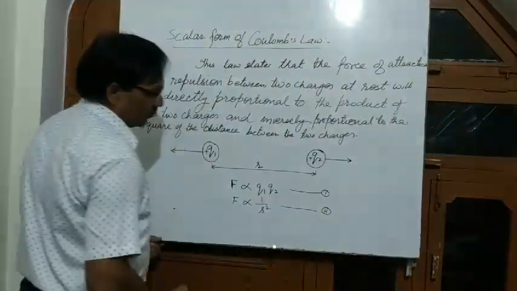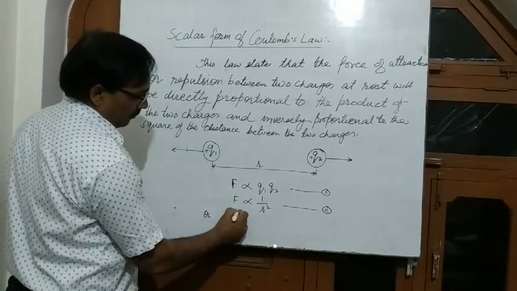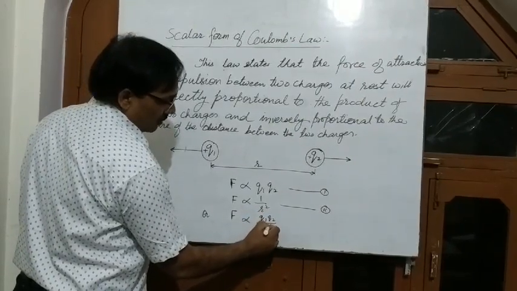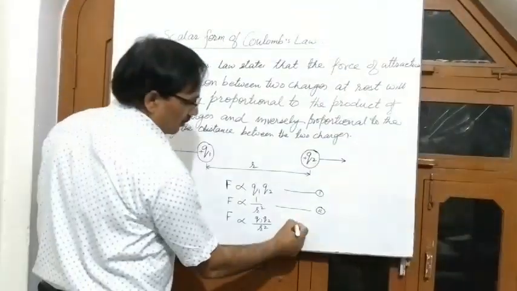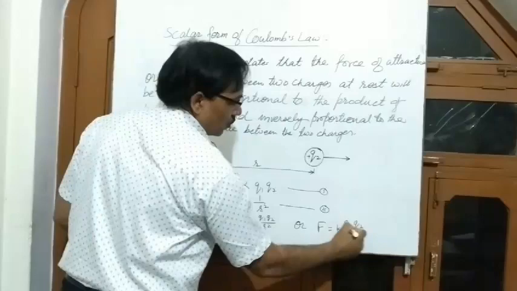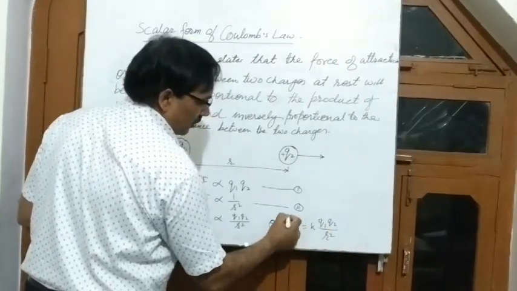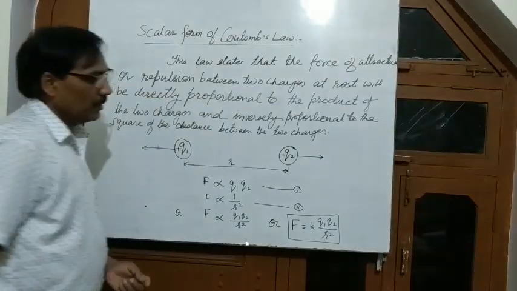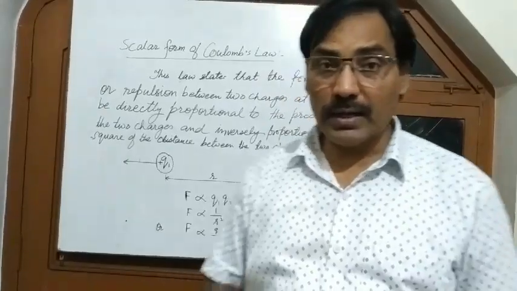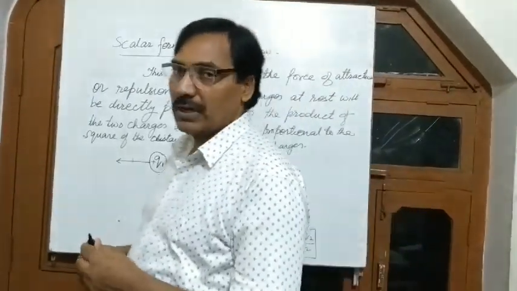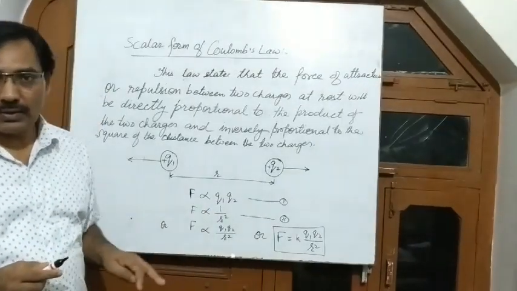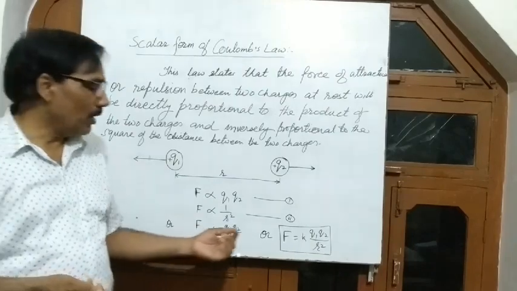Combining these two, F is proportional to Q1 Q2 by R square, or F is equal to K Q1 Q2 by R square. Here K is a constant and it is known as electrostatic force constant or Coulomb's constant.